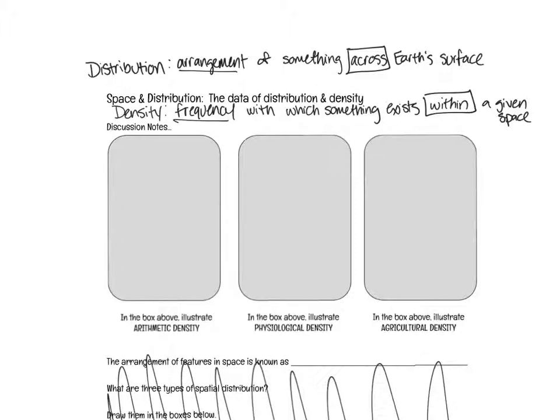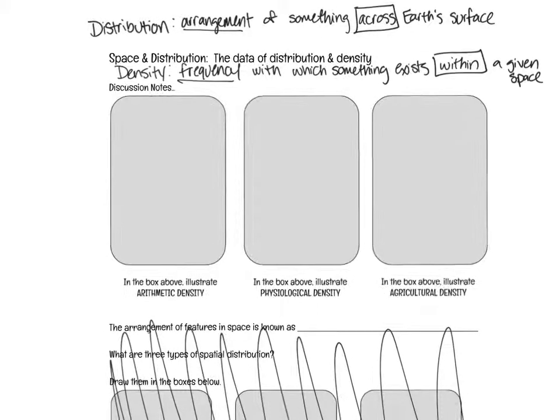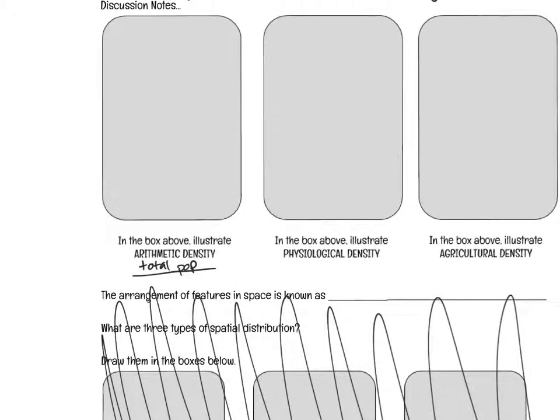So if we start in our left-hand box, the arithmetic density, this is going to be calculated by the total population divided by the total land area.